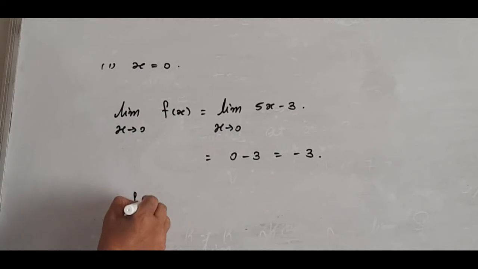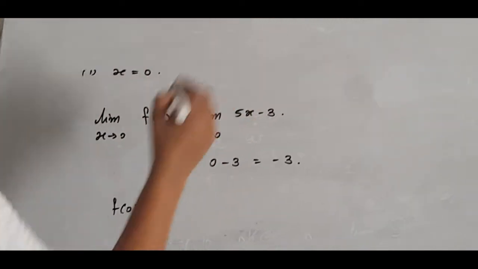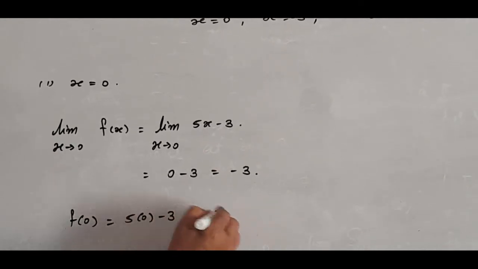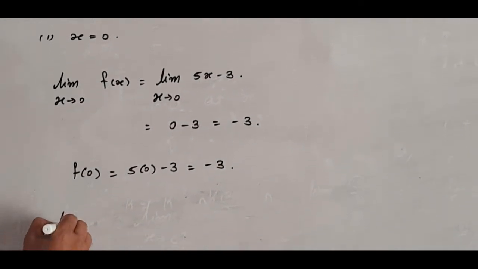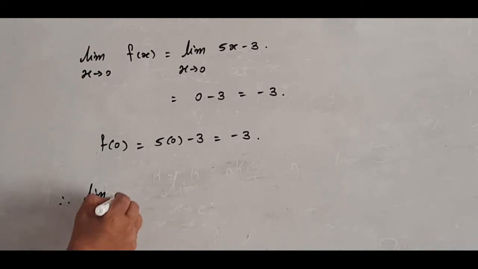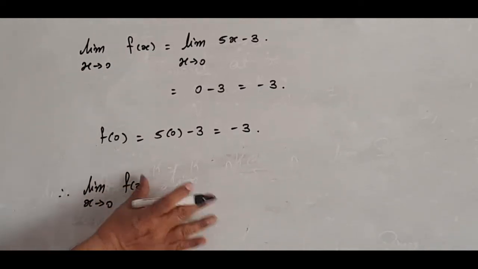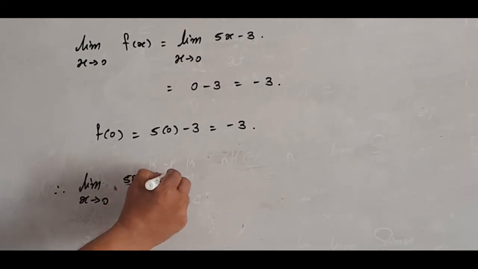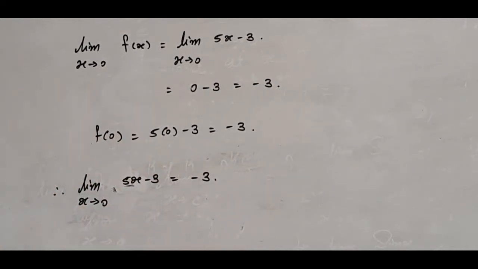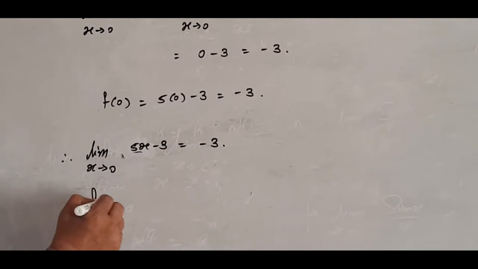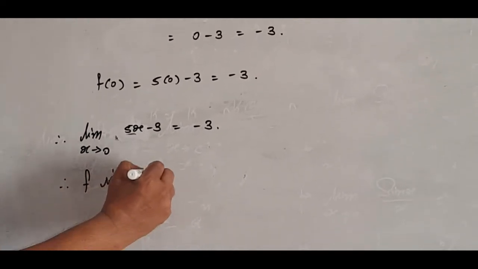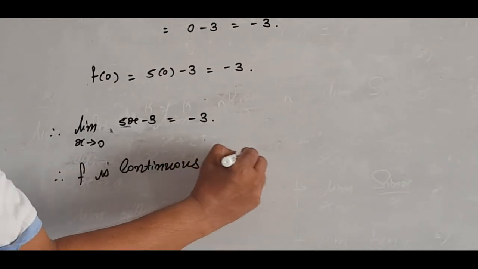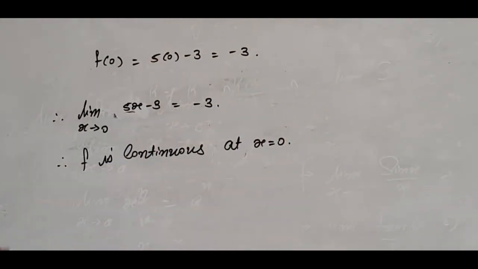What is f(0)? Keep the value: 5 into 0 minus 3 is minus 3. So therefore, the limit of x tends to 0 of f(x), or 5x minus 3, is equal to minus 3. So you can say that f is continuous at x equal to 0.